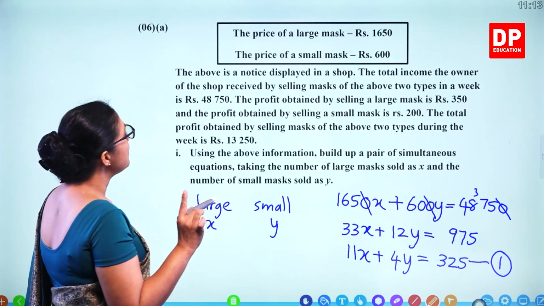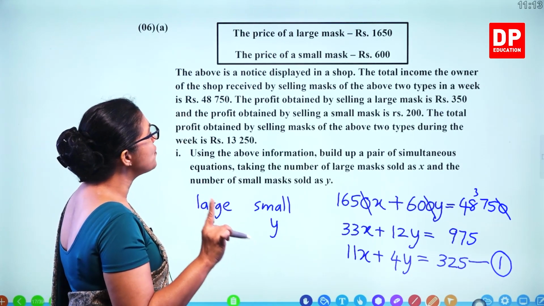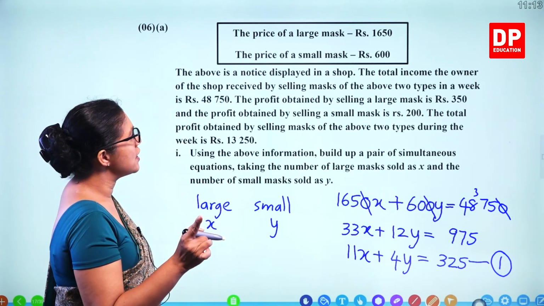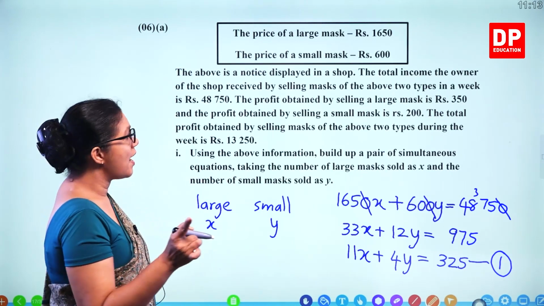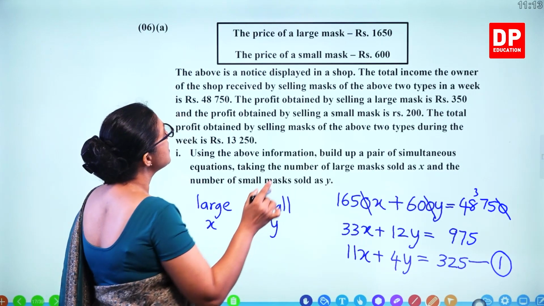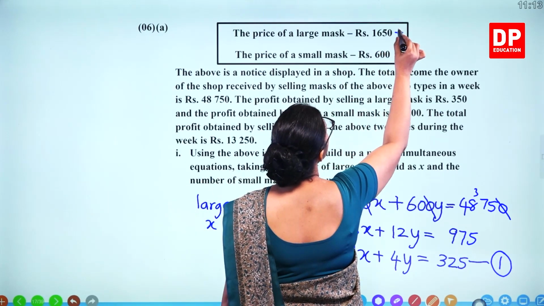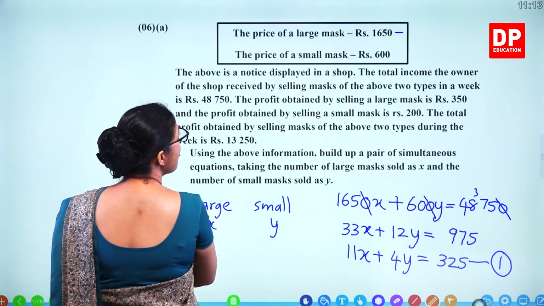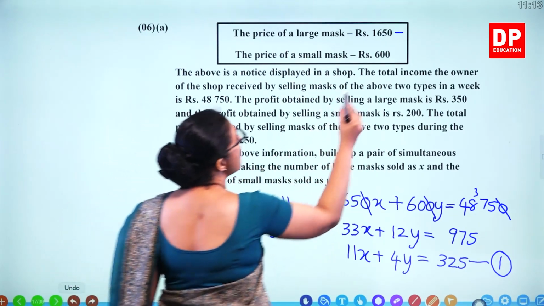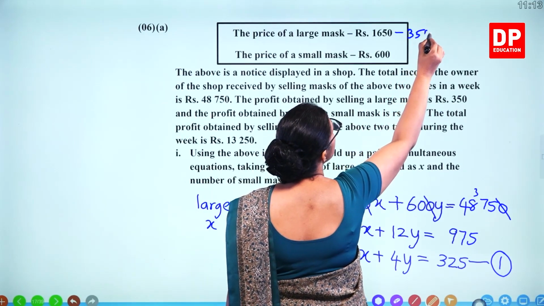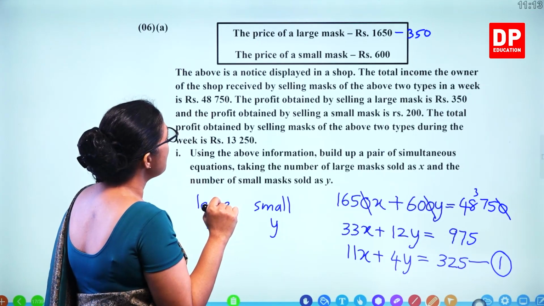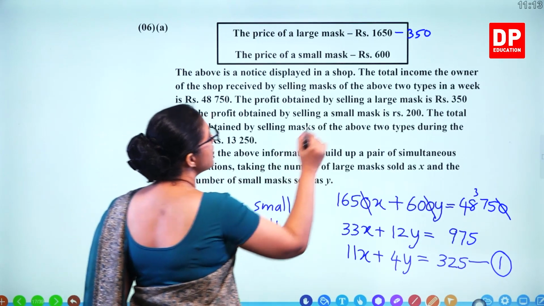And look at the next one. The profit obtained by selling a large mask is 350. So the profit is 350, that means the buying price should be 350 less than the selling price. And the profit obtained by selling a small mask is 200.